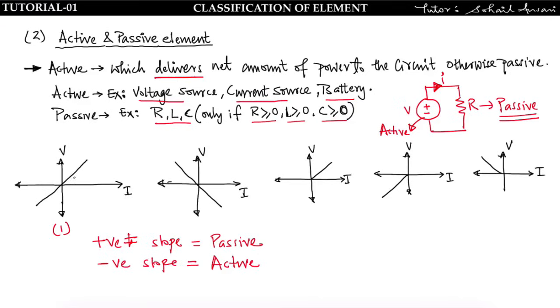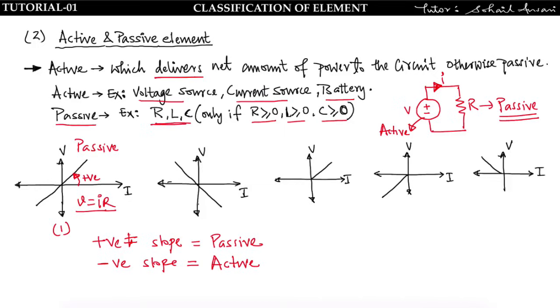Now see, this contains a positive slope, right? Means this is passive. Of course, we know V is equal to IR, where R is nothing but the slope. So if R is greater than 0, the slope is positive, which means the element is passive.